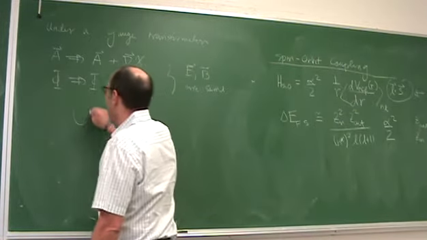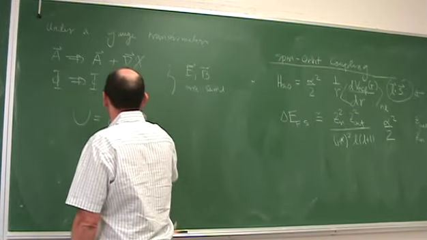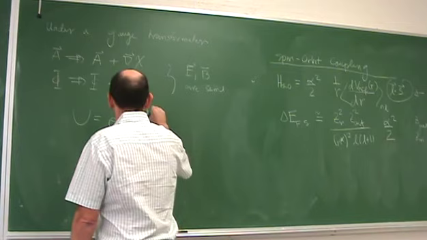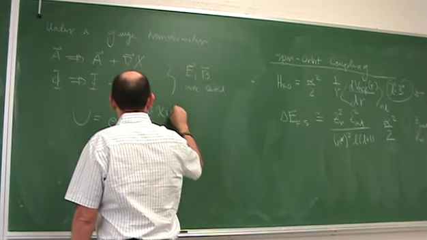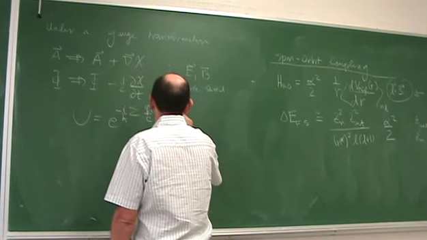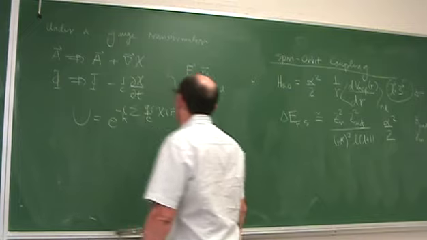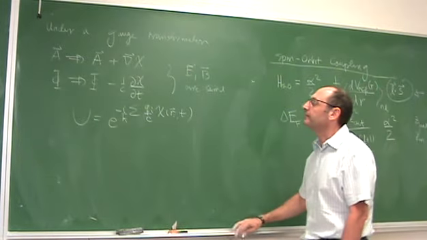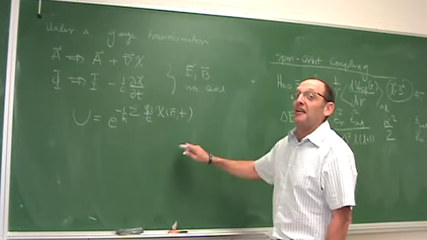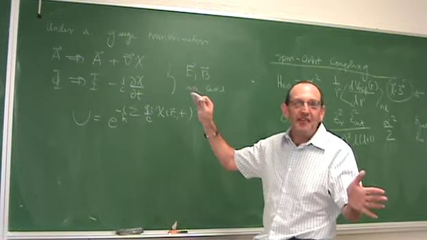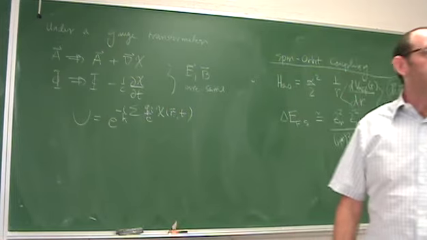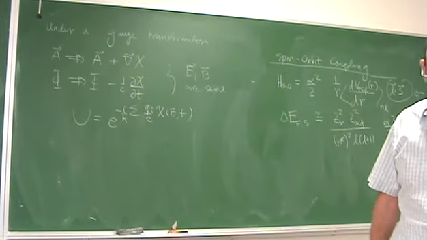So I do that in quantum mechanics with a unitary transformation for a real function chi. That's a unitary operator acting on the space. If you go to your favorite quantum mechanics textbook, that accomplishes this gauge transformation. Okay.